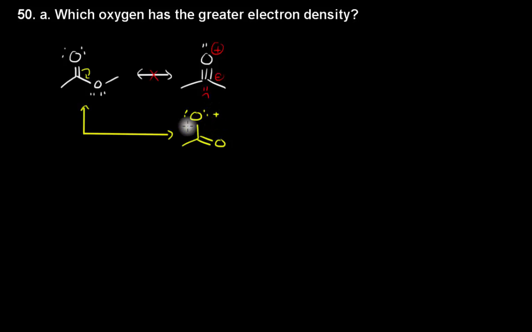Double positively charged actually, so 6, 5, 4, 3, 2, 1, positively charged. So that's no good. The other thing wrong is that this oxygen in the middle has 1, 2, 3, 4, 5, 6, 7. It has a formal negative, but it's also breaking the octet rule. So 2, 4, 6, 8, 10 electrons surrounding it. Okay, so that's no good.